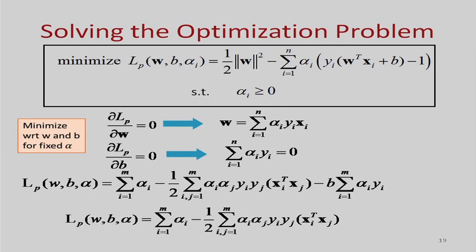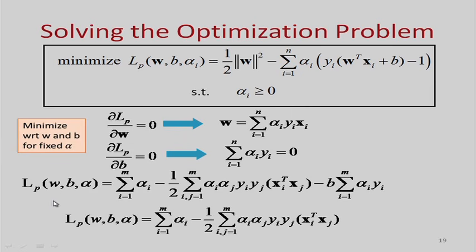So, if I substitute this value of w, sigma alpha_i y_i x_i, in this expression, what I get is L_P(w, b, alpha) equal to sigma alpha_i minus half sigma alpha_i alpha_j y_i y_j x_i^T x_j minus b sigma alpha_i y_i.